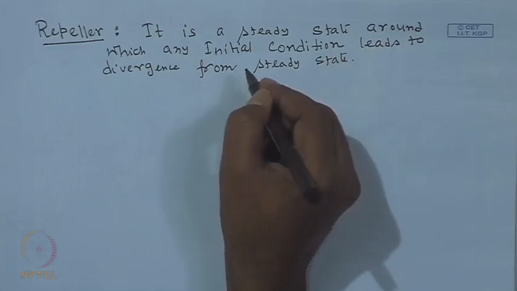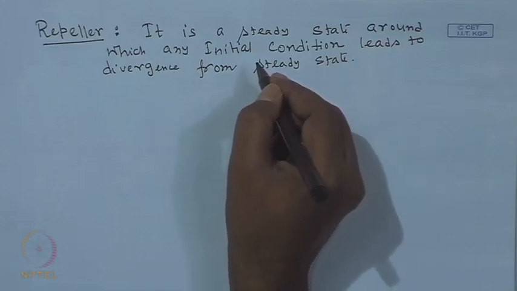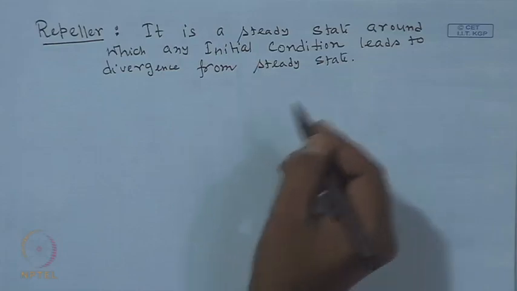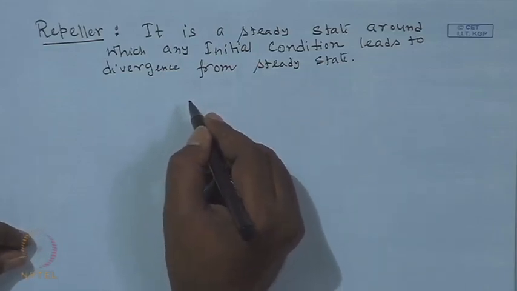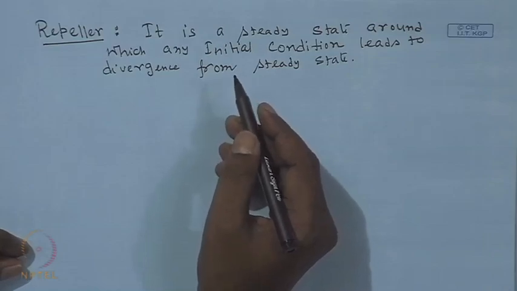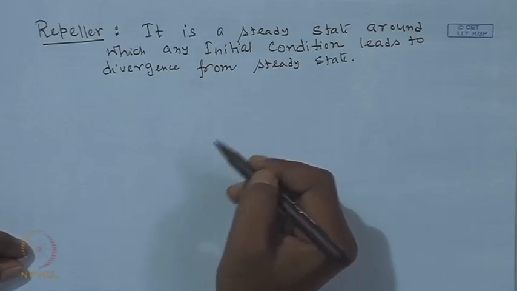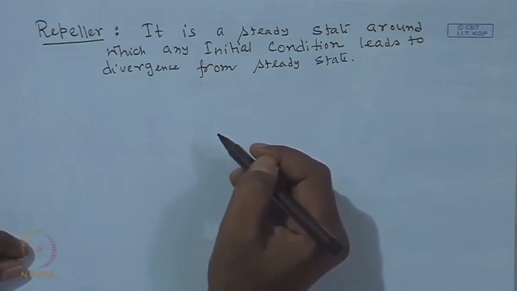So, in the earlier example, dAi is a repeller. If we have any initial condition about that point, then it will either go to the upper steady state or go to the lower steady state.